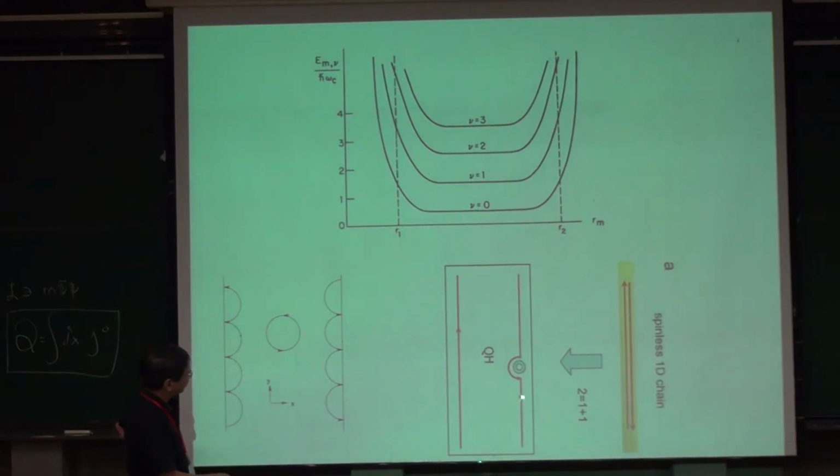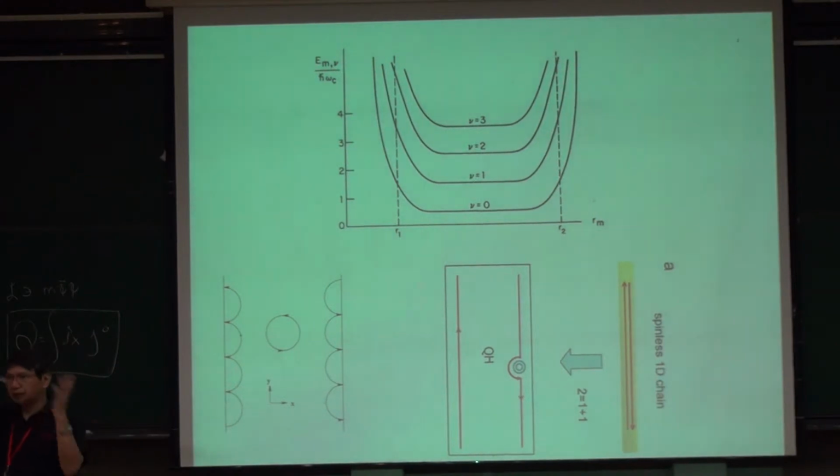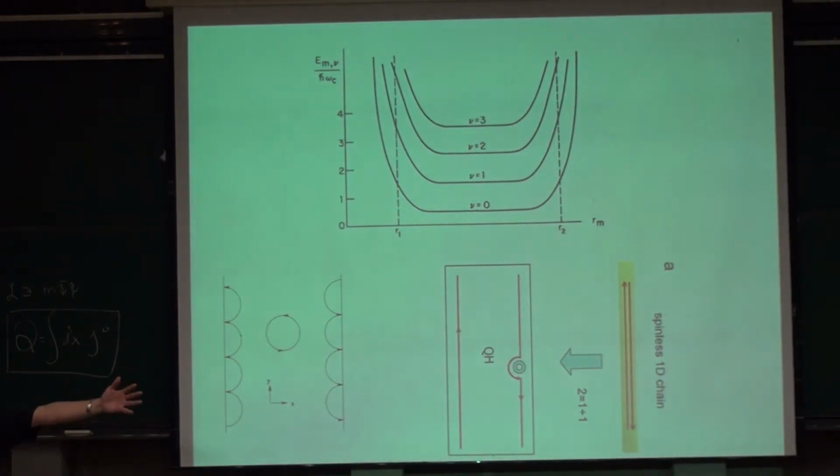To have backscattering, the right moving particle must jump to the left moving branch, and because they are spatially separate in space, there is extremely small probability allowing to do that. So that's why this is very robust, much better than the one-dimensional case. Because in the one-dimensional case they are together, so you can imagine that it is easier to have backscattering.